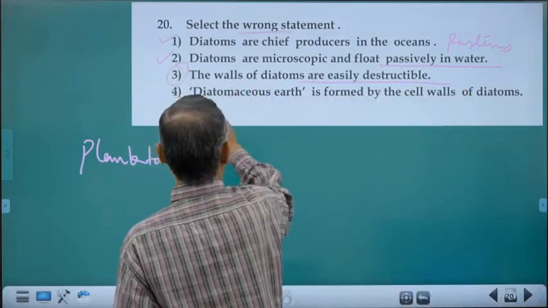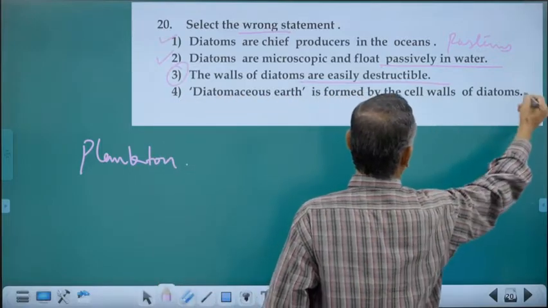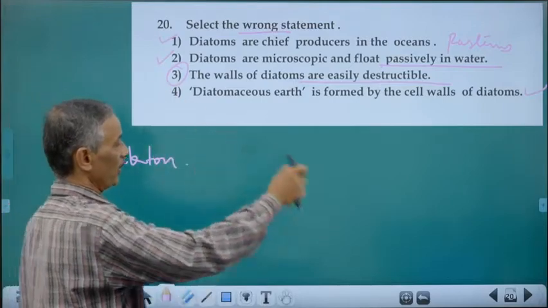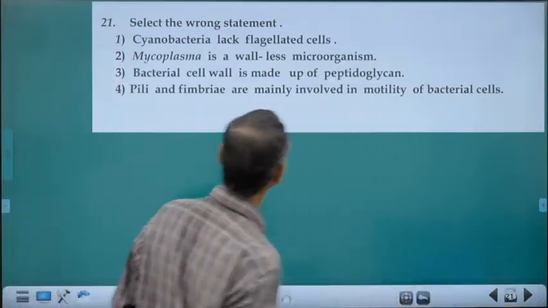So this is our answer. Diatomaceous earth is formed by the cell walls is the correct statement. So 3 is our answer.